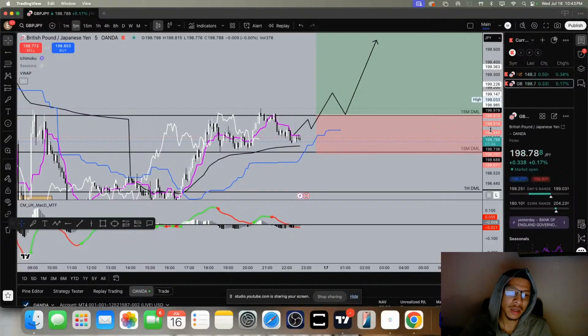Will I? Yes, because fundamentals move intraday markets, which is what we're doing right now, but they also have a long-term perspective. So not all the time will the long-term fundamental perspective move with those intraday markets.